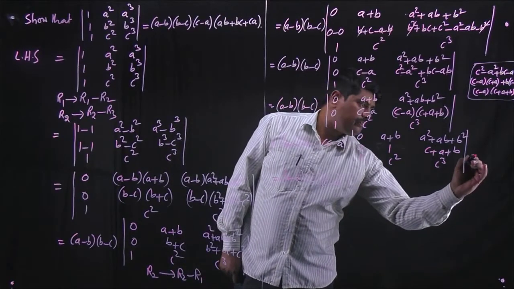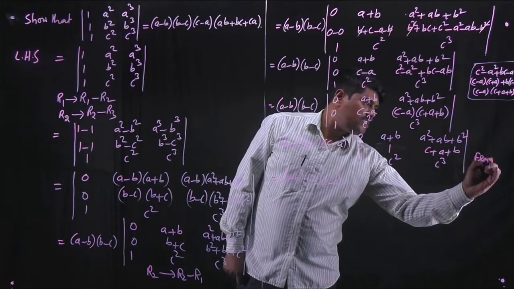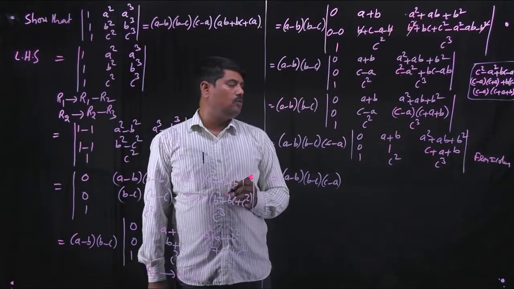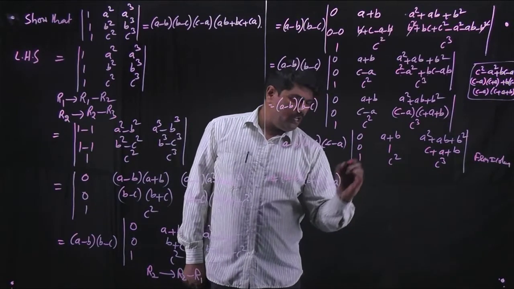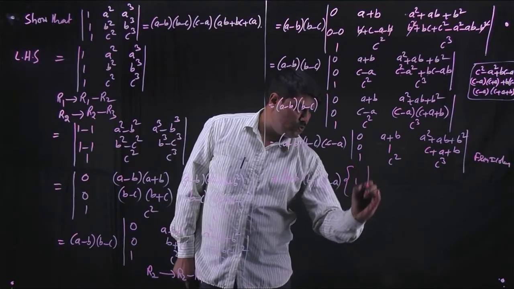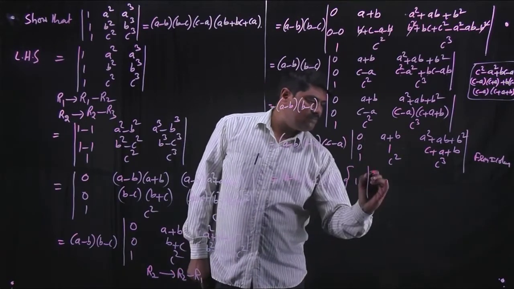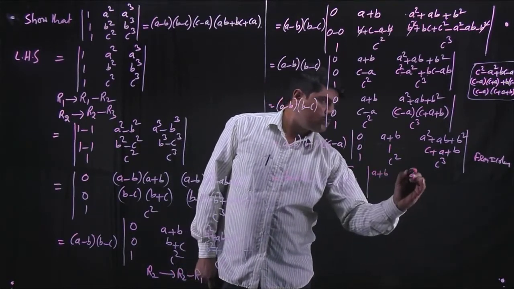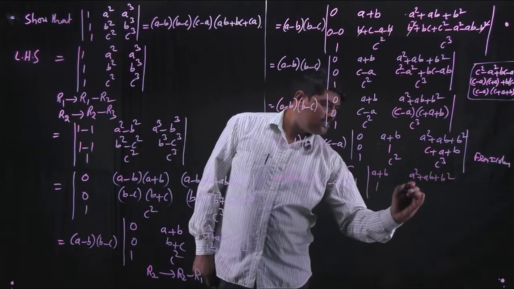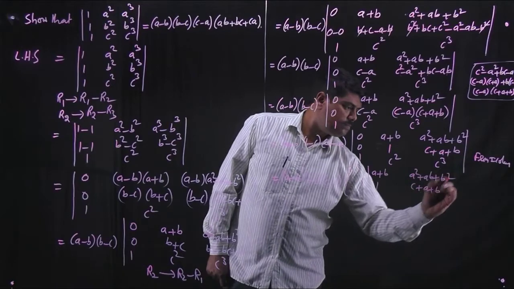That's why from the first column, you only need to write the cofactor of 1, which is A plus B, A square plus AB plus B square, 1, C plus A plus B.